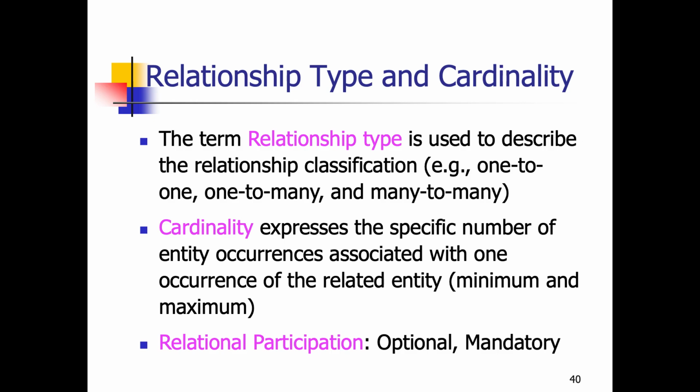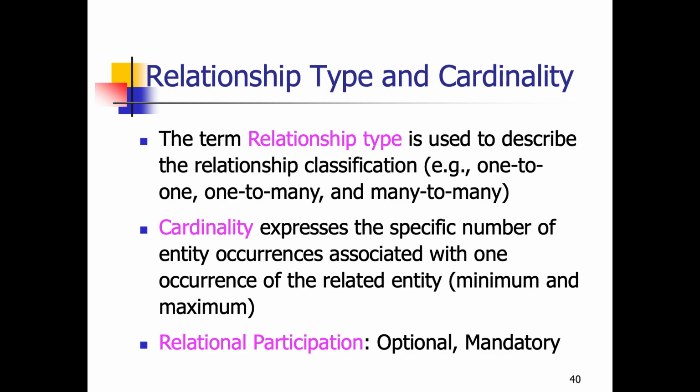For example, you can say a customer may purchase many products, okay? But a customer may also purchase no product, right? So it is either 0 or many. Because a customer can purchase no product, it is optional.